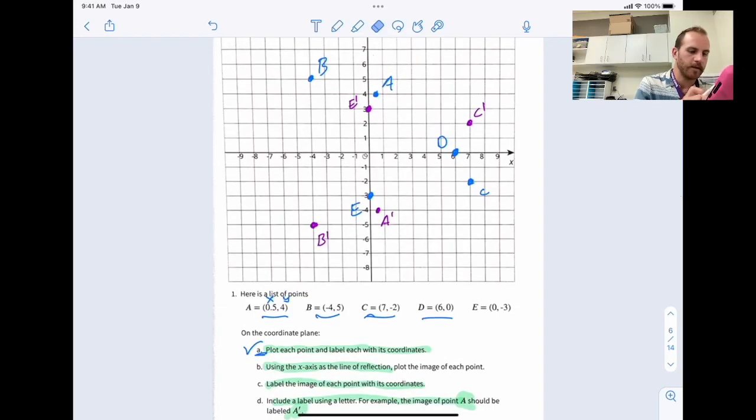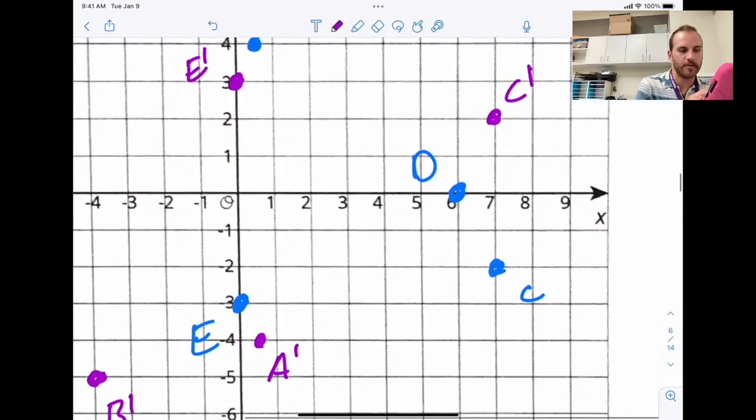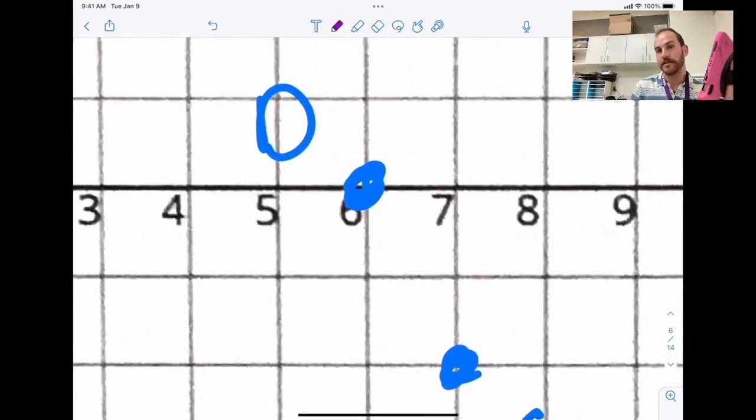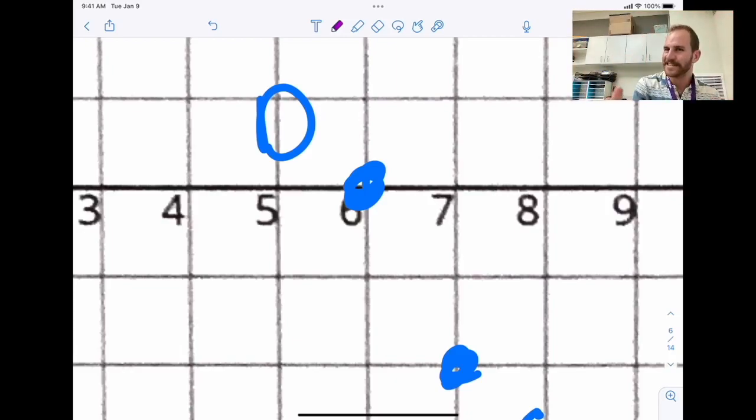All right. So D is an interesting one. D is right on the line of reflection. Think about it: if you put your hand on a mirror, it's not far away from the mirror, it's right on it. So the reflection is in the same place as your hand.